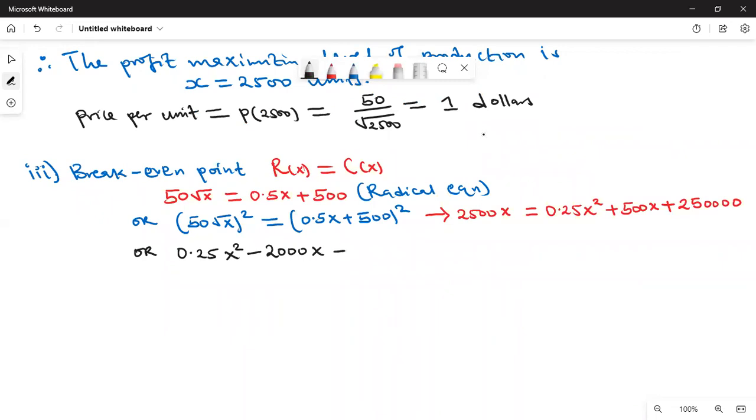Then I can see there's plus 25 with the 4 zeros, and this is supposed to be equal to 0.